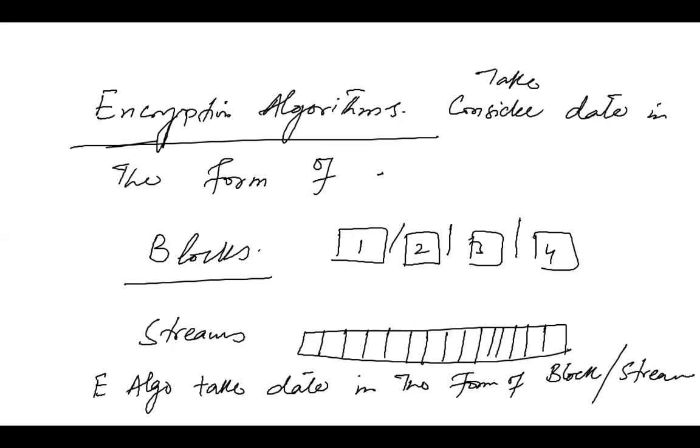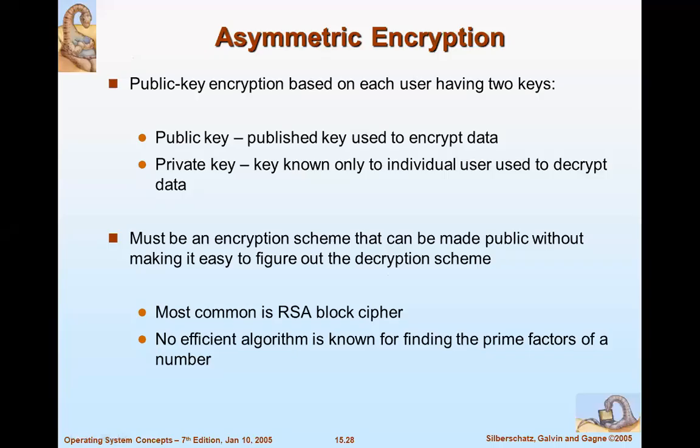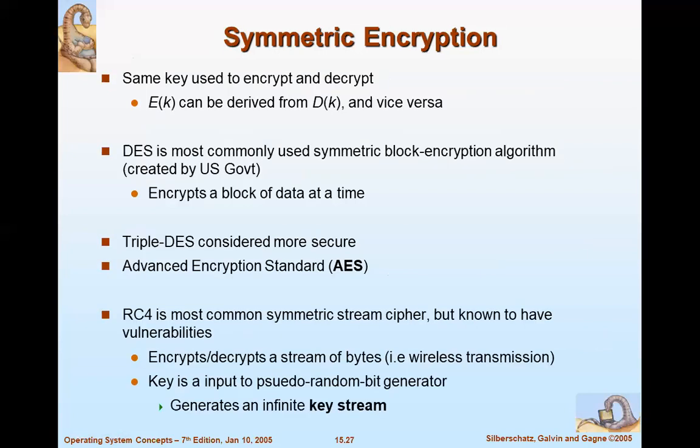And that's why here in this slide, the author mentioned that DES is the most commonly used symmetric block encryption. You can see in the third line, the block encryption algorithm.